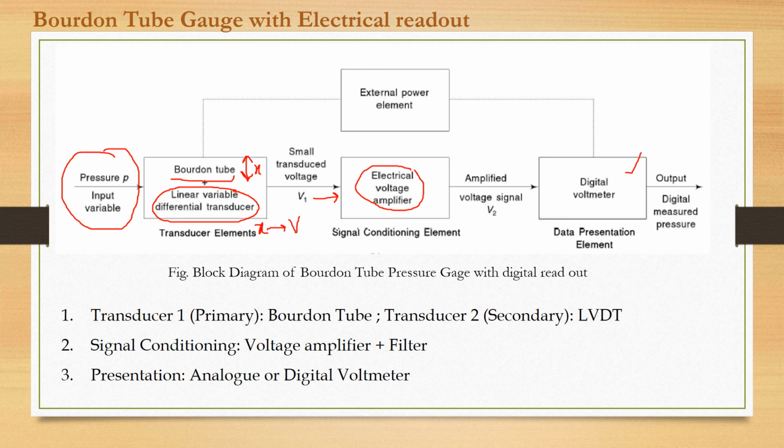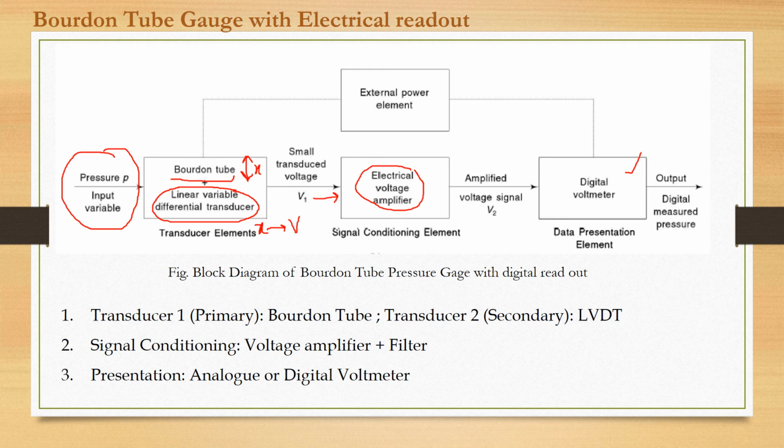external power element. So you can clearly see what is the difference between a simple Bourdon tube gauge and a Bourdon tube gauge with electrical readout. So in a simple gauge, we do not have this LVDT and all these elements. So we have the simple Bourdon tube plus some lever and gear arrangement and pointer and scale arrangement.